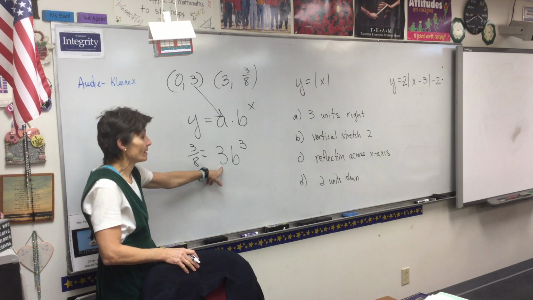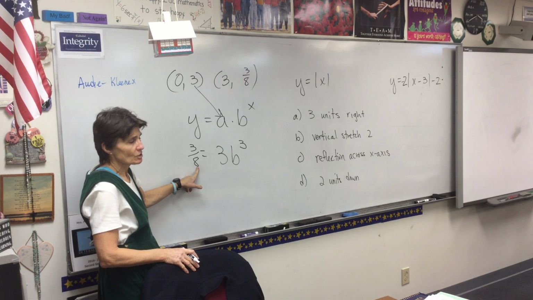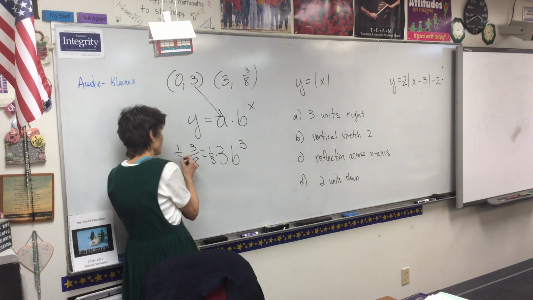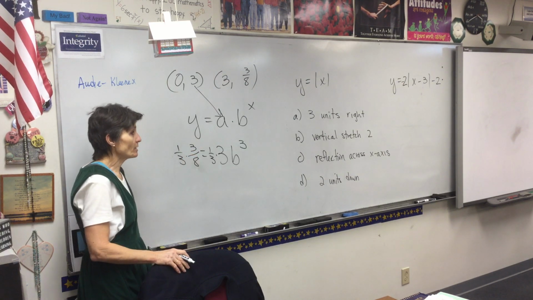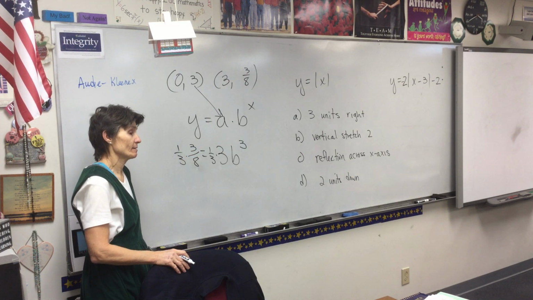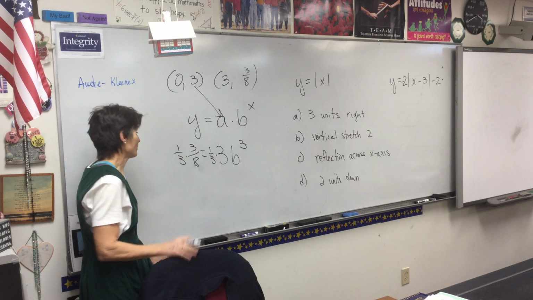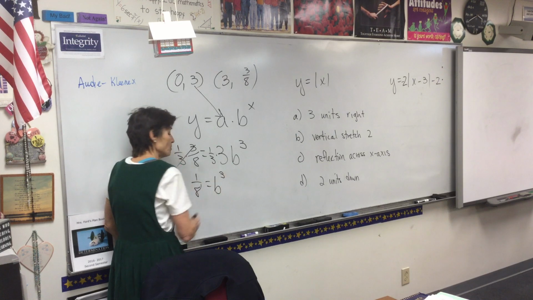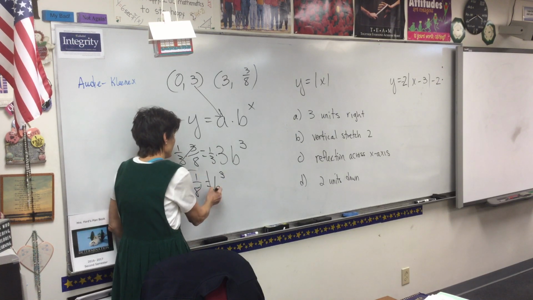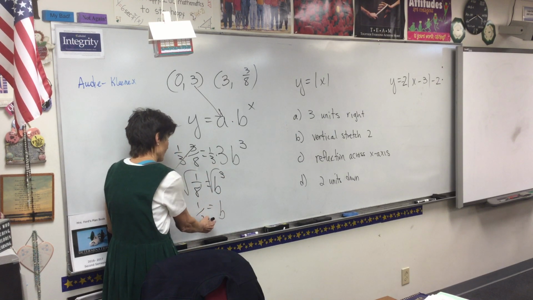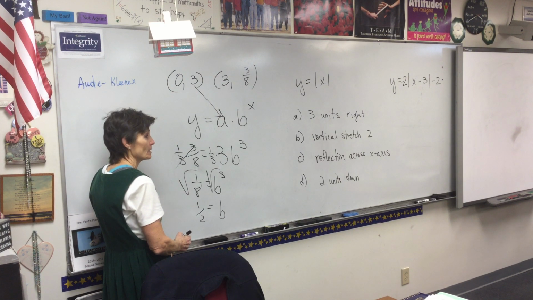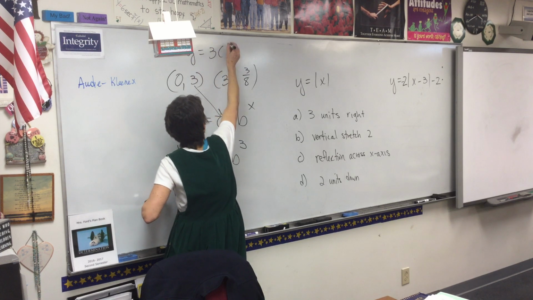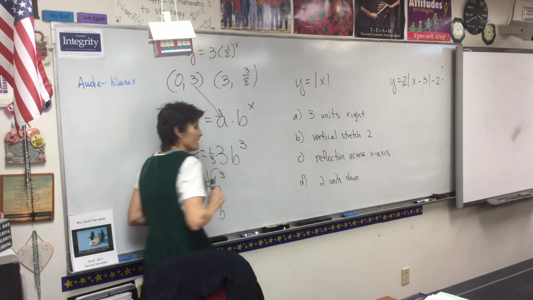That's a great idea. This is a fraction though. So instead of dividing by 3, maybe I'll multiply by 1/3. It's going to accomplish the same thing, but if I don't have a calculator, it's easier to do this. So 1/8 equals b cubed, and b equals 1/2. So my answer would be y equals 3 times (1/2) to the x.